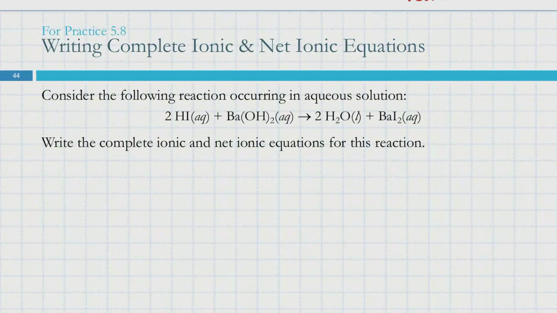Okay, so everything that's got AQ is going to get separated into its ions. So HI gets separated into 2H plus and 2I minus. I'm omitting all the AQs that would go behind almost everything because I just don't want to write it out.